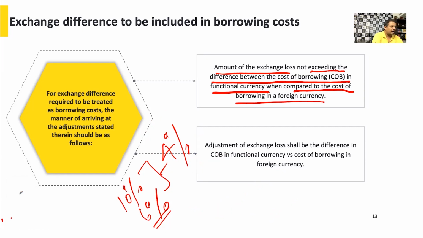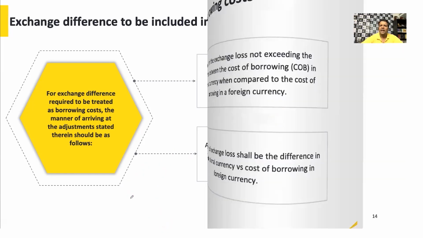All right. So in my example here, this 4% is nothing but the difference in the cost of borrowing in your functional currency versus the cost of borrowing in the foreign currency. It is what is to be considered. And we will try and understand this with the help of an example here.